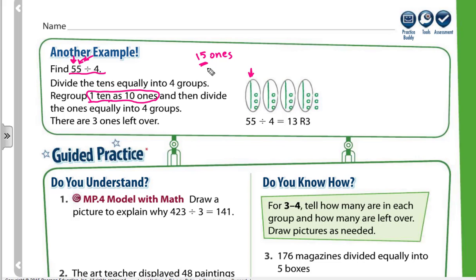Now, how to divide 15 into 4? We will give each group 3, and we have 3 left over, so we call this remainder. Now, in each group, we have 1 ten and 3 ones. So, it's 13.